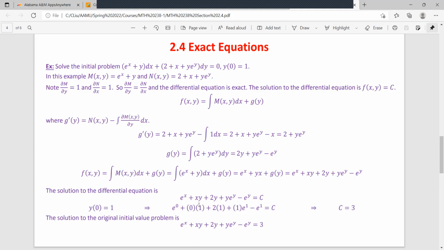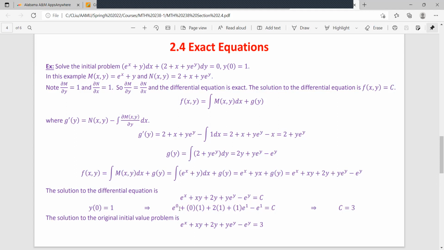And the equation should hold. So then we got e to the 0 plus 0 times 1 plus 2 times 1 plus 1 times e to the 1 minus e to the 1 equal to c. Just replace x by 0 and y by 1 in this equation.